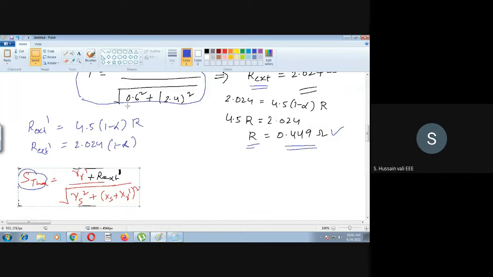Now we'll substitute here. First of all, what is slip? Slip has an equation: Ns minus Nr by Ns. So how can we find out Ns?